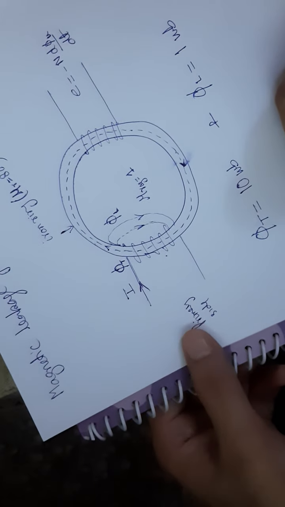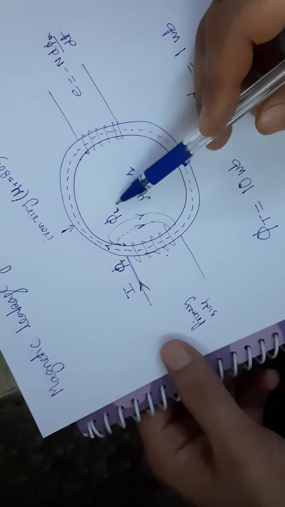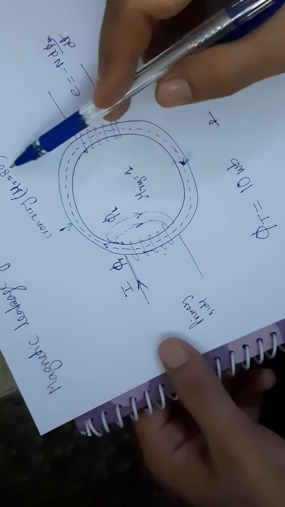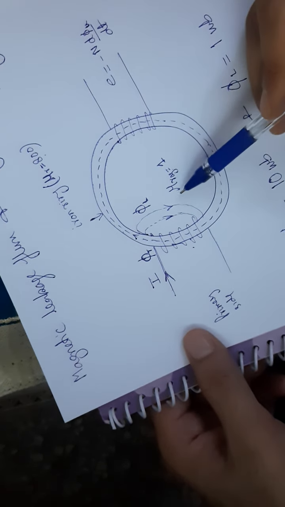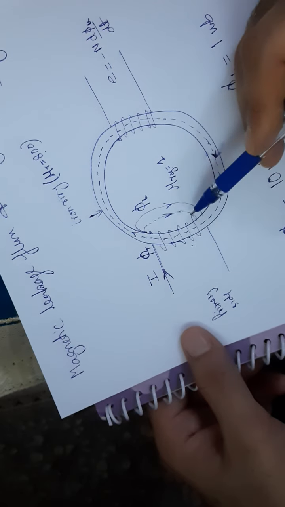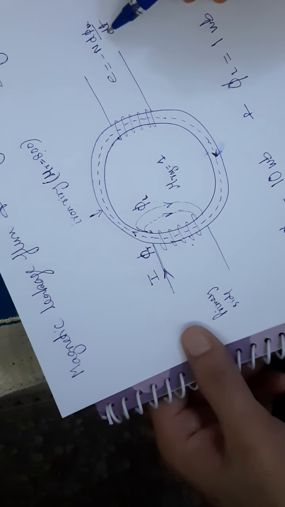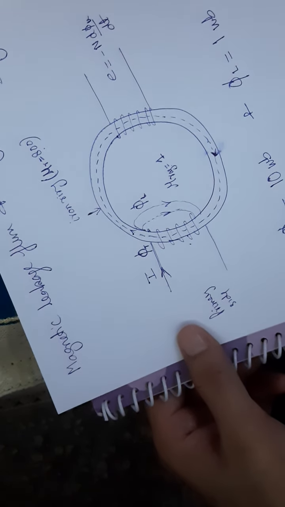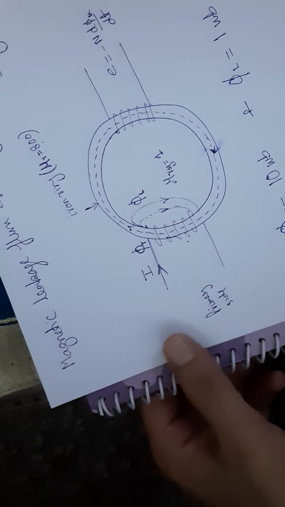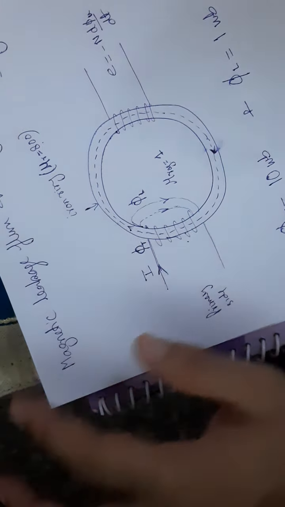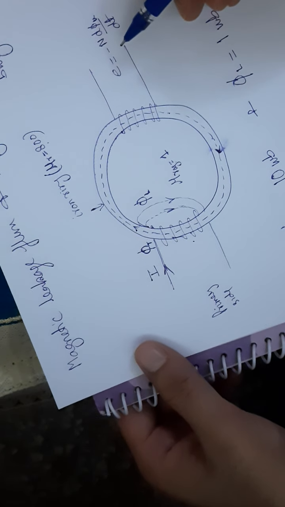So though the permeability of air is very small compared to the permeability of iron, some flux will still flow through the air gap, and because of this the net flux on the secondary side will reduce, reducing the EMF generated on the secondary side.